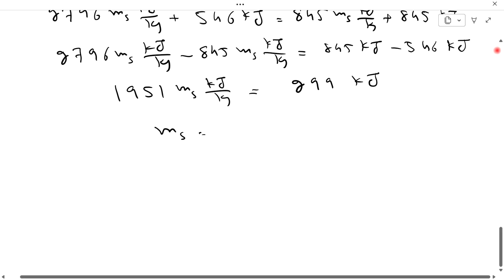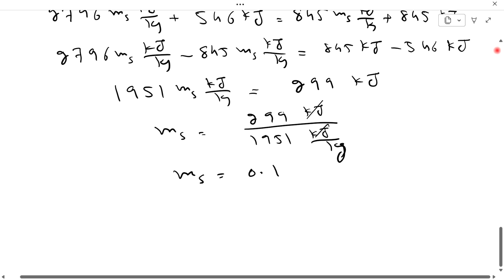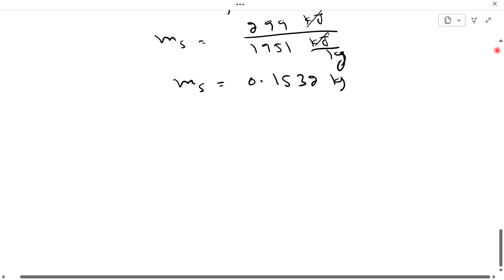So ms is equal to 299 kJ divided by 1951 kJ/kg. The kilojoule cancels, and the kilogram goes to the numerator. So ms is equal to 299 divided by 1951, which is 0.1532 kilogram of steam.